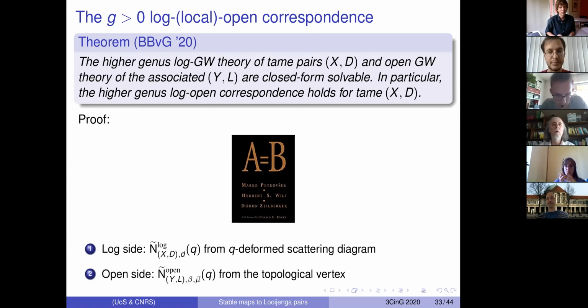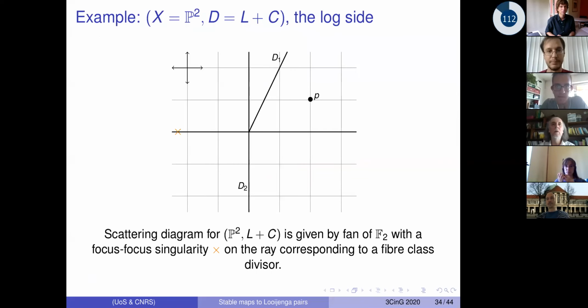And just as an example, maybe for people who are familiar with this type of calculation, we construct scattering diagrams systematically for all Looijenga pairs, and ones with finite scattering. And in the running example of the plane with a line and a conic, the toric model is given by F2 relative to the toric boundary.